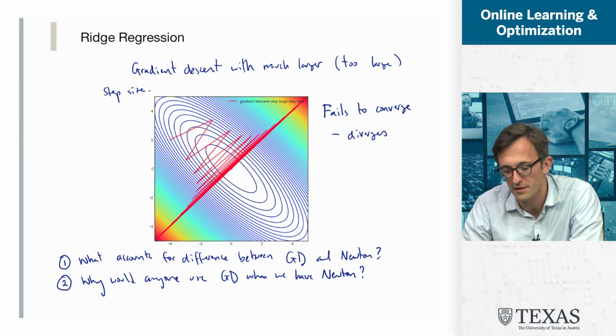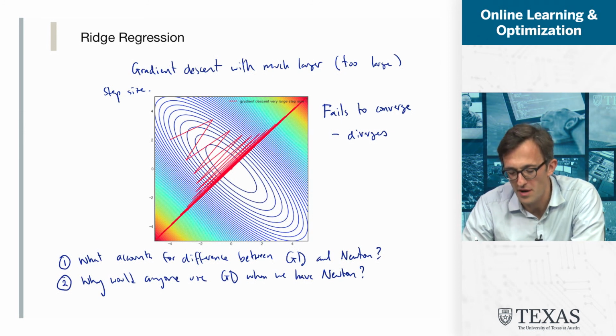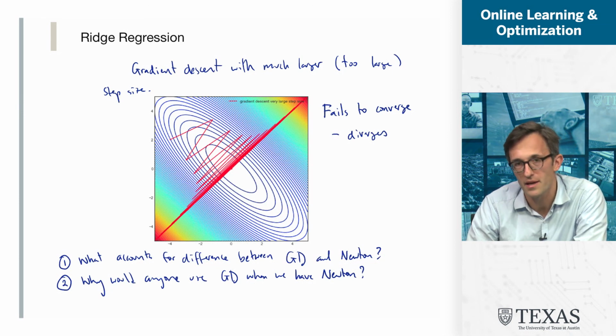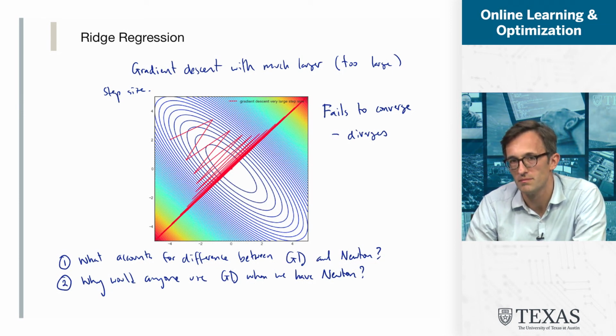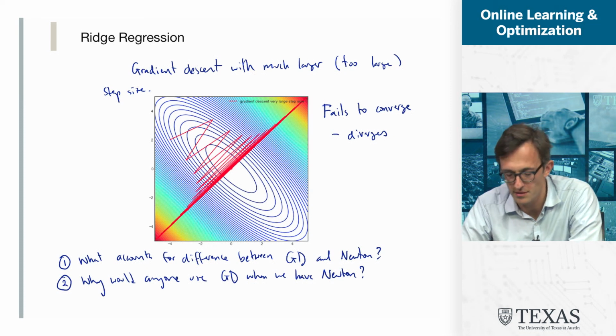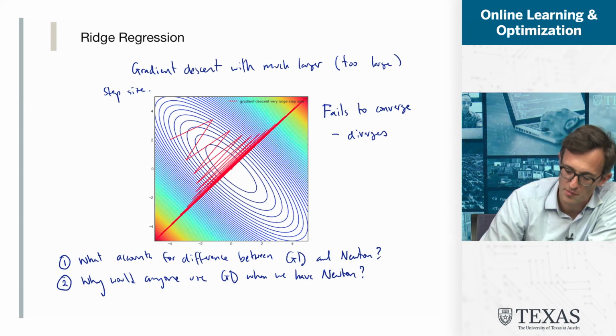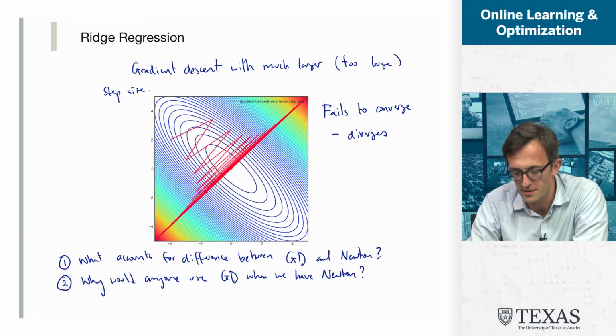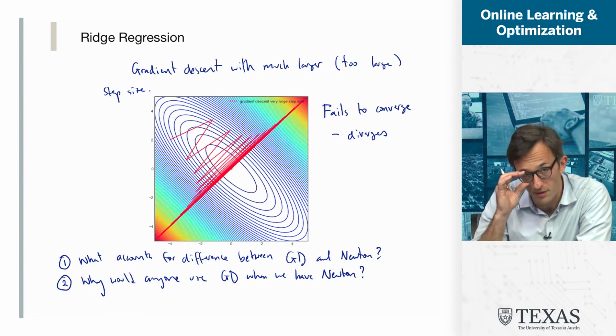And if you look back at the formulation of Newton, my hint for now is think about the complexity of every single iteration. So it will be instructive for you to look back at the definition of gradient descent and Newton. Of course, we're going to come back and talk about this in great detail, but it will give a hint.